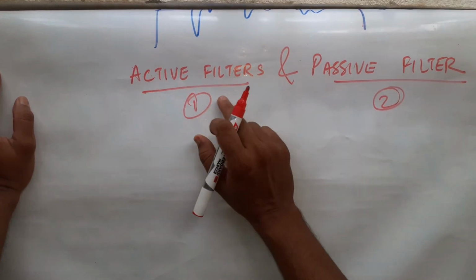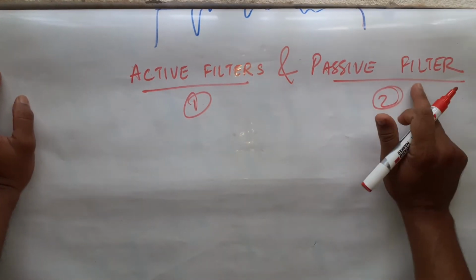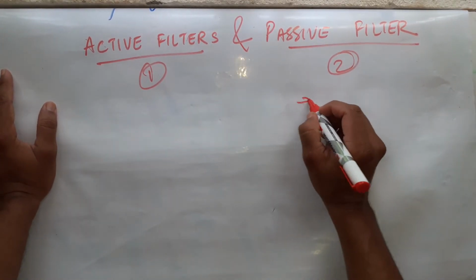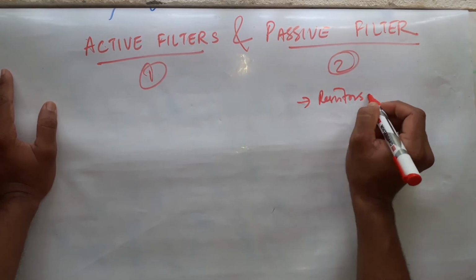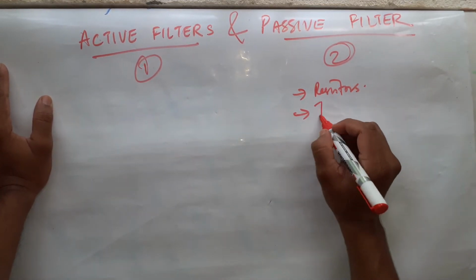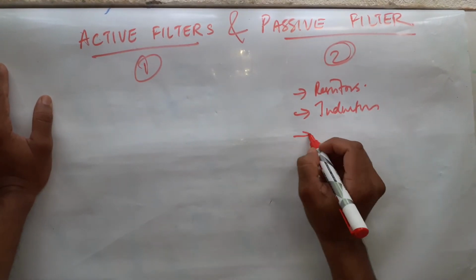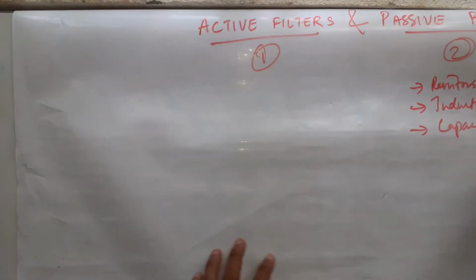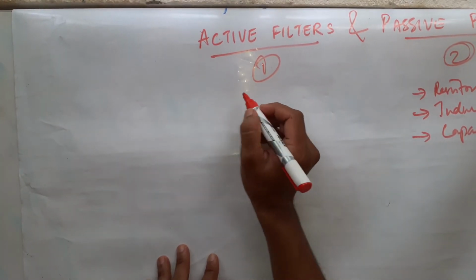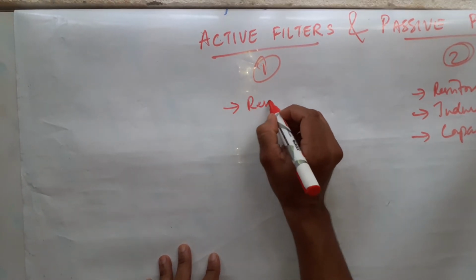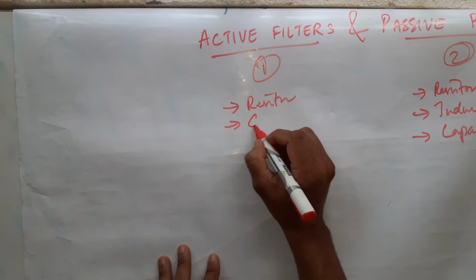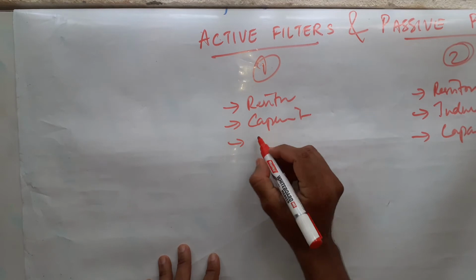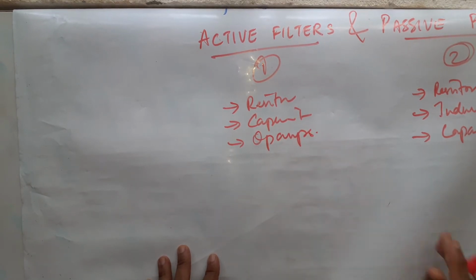In passive filters we make use of passive elements, such as resistors, inductors and capacitors, all of which are passive elements, right? Whereas in active filters, yes, we make use of the same resistors and capacitors, but not inductors. We make use of op amps.